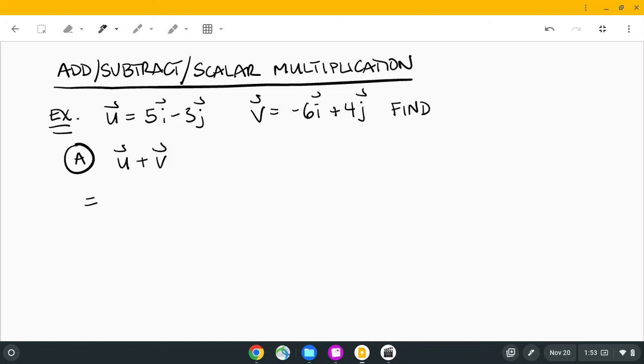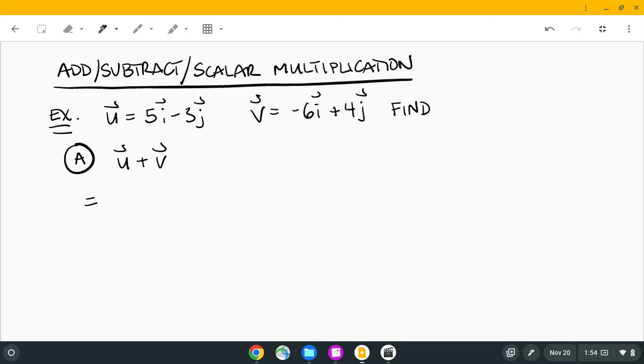Then it's the same thing, because again, this is your x component, y component. This is your x component, this is your y component. And so you just add those coefficients, those real numbers.